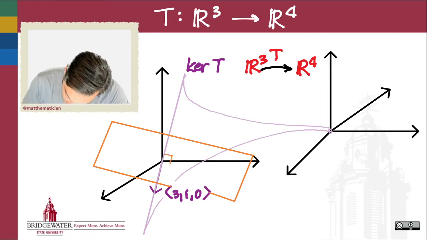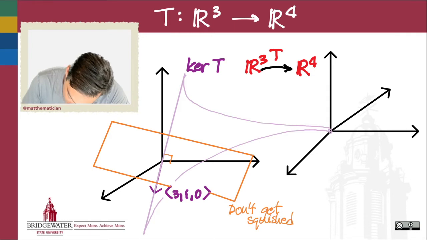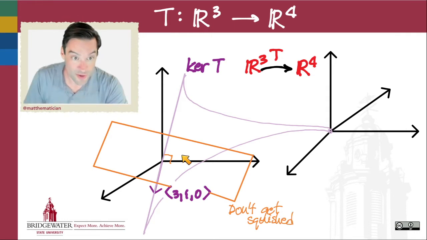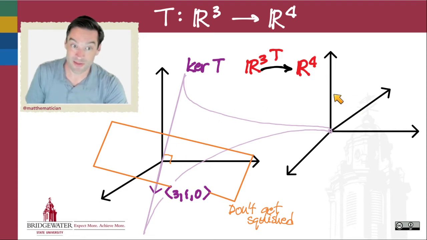These are the two dimensions that don't get squished by my transformation. And what my transformation is doing is taking those two dimensions that aren't getting squished and spiriting them over and setting them inside of my four-dimensional space in some way.